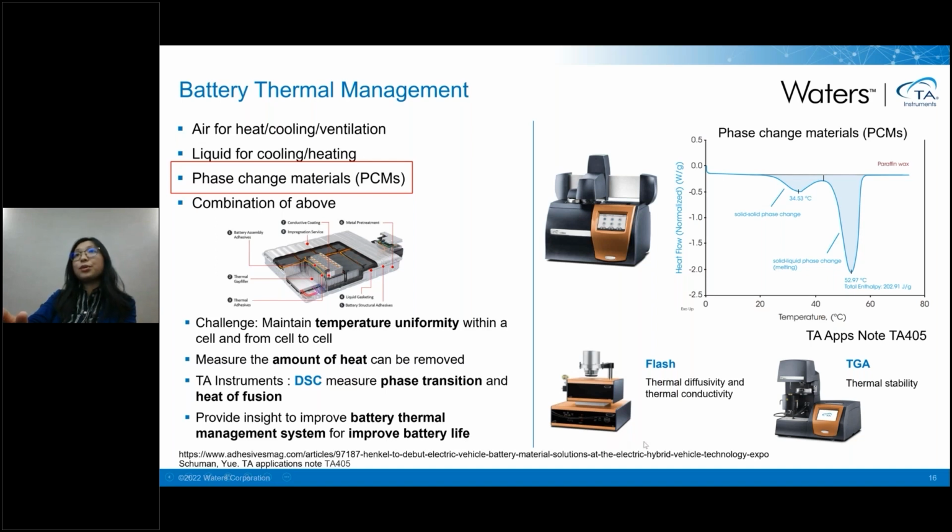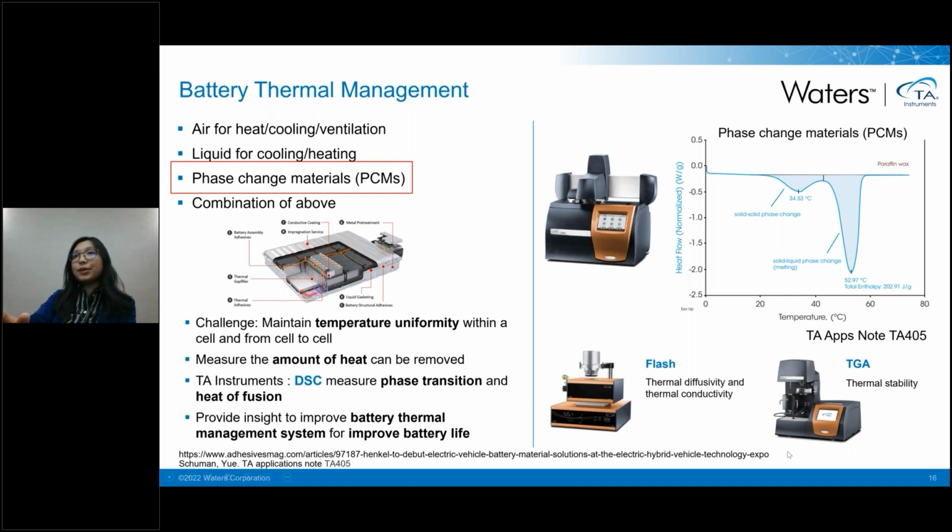In addition to DSC, to understand those phase change materials, the flash system, which we call thermal diffusivity measurement, allows you to understand how fast heat transfers through this phase change material or other types of material, to predict or design a better thermal management system.